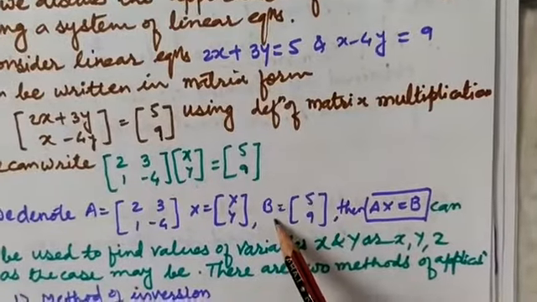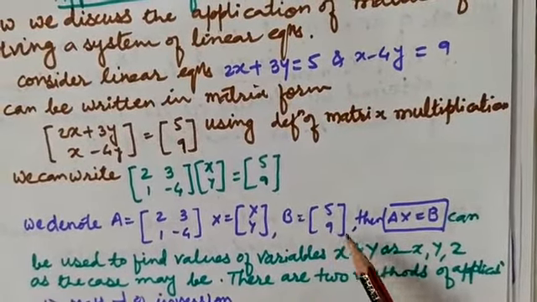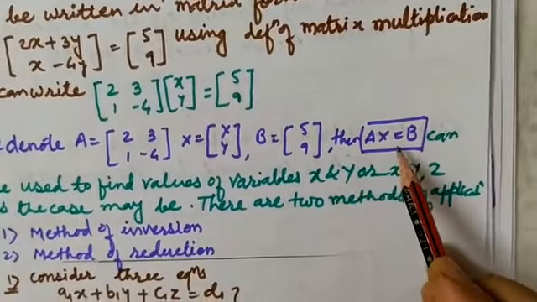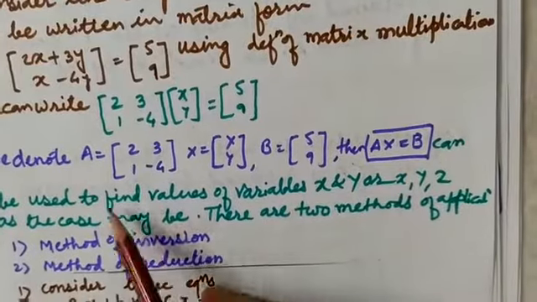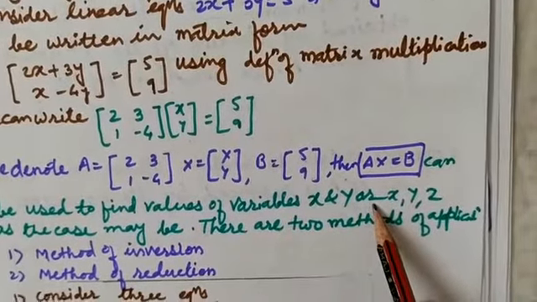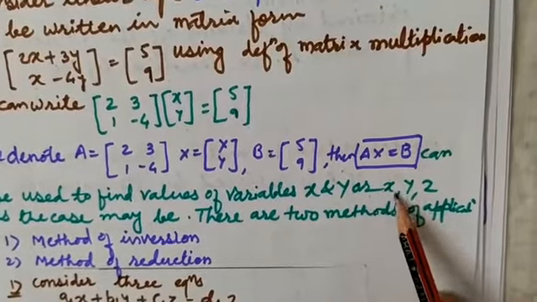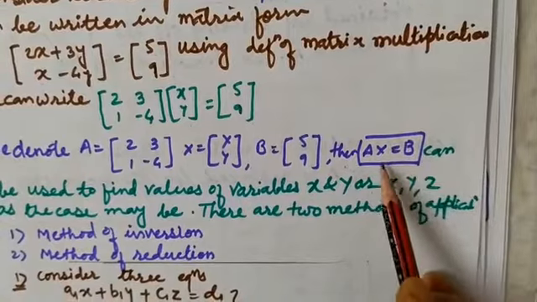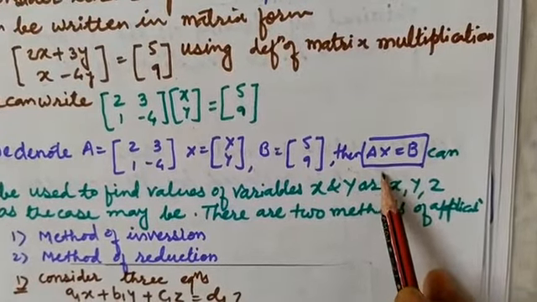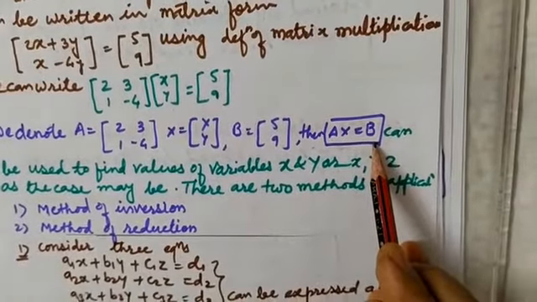Then B is the matrix of constants, that is 5, 9. This equation can be written in the form Ax equal to B. If the equations have three variables x, y, z, the equation is the same. So Ax equal to B is the important equation.